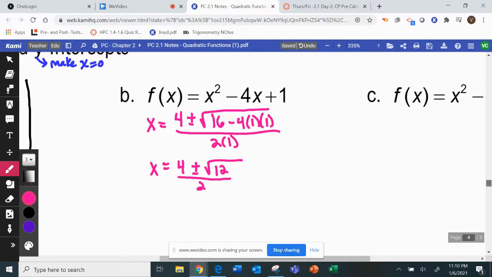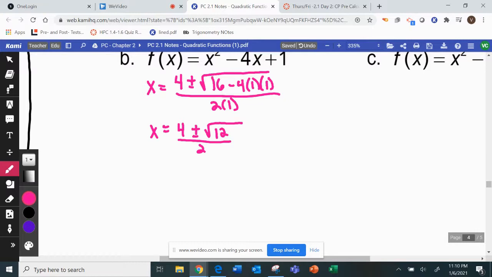Now, when we have the quadratic formula, we always want to check to see if we can simplify the square root any further, which we can. So 4 plus or minus 2 square root 3 over 2. And then we're going to see if there's any number that we can factor out of the numerator and cancel with a number that we could factor out in the denominator.